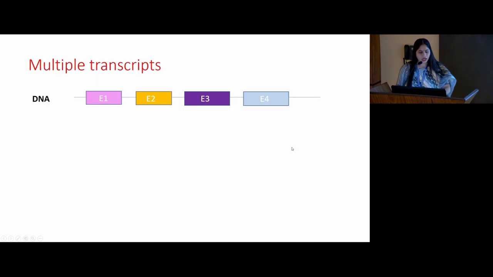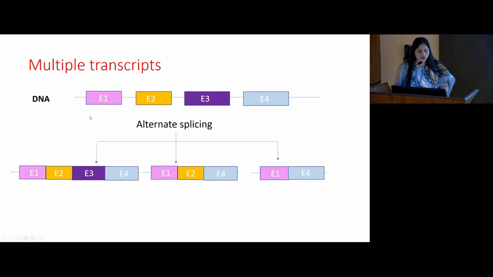So why are we getting these multiple transcripts? Let's see the concept. At the DNA level, we have the entire genome, where we have the intergenic region, the 3' UTR, exons, introns, everything. But at the mRNA level, we have a phenomenon called alternate splicing, where all the exons may not be part of different transcripts.